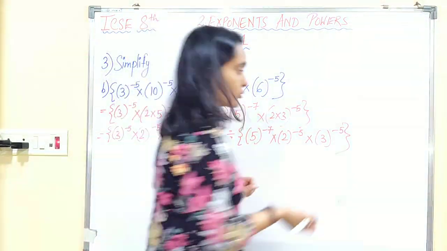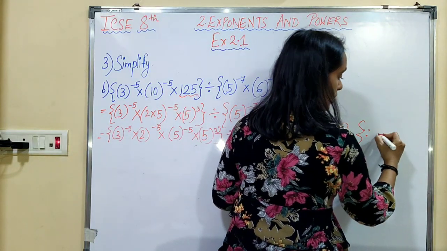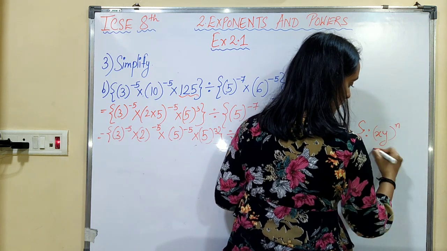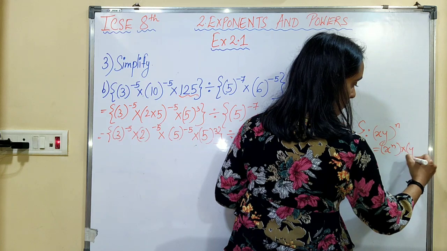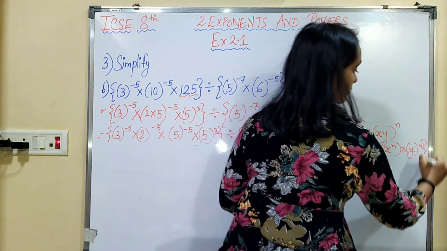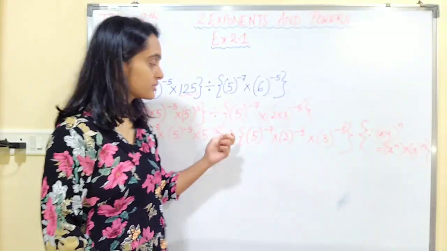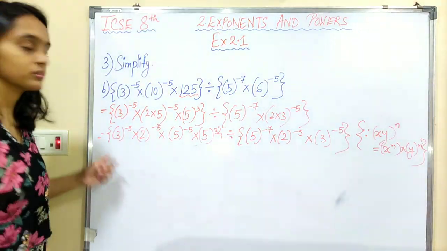Okay, so now we have to write the law also. So using the law, x multiplied by y raised to n equals x raised to n multiplied by y raised to n. Okay. So now here division sign is there, so we can take all these terms to the denominator.